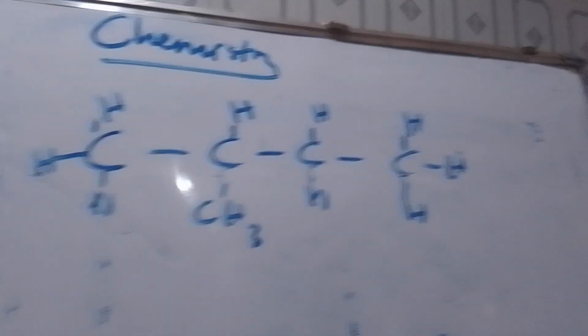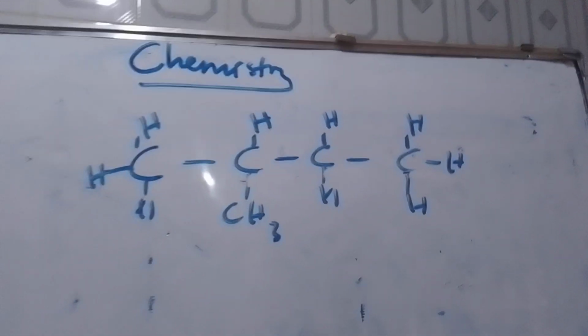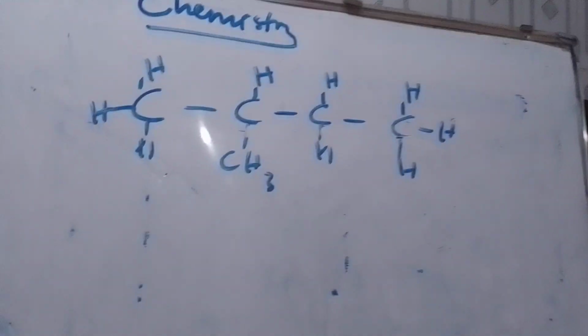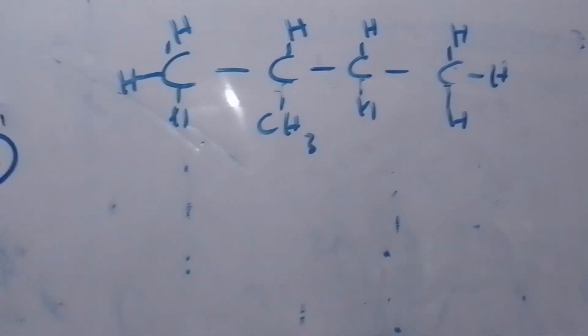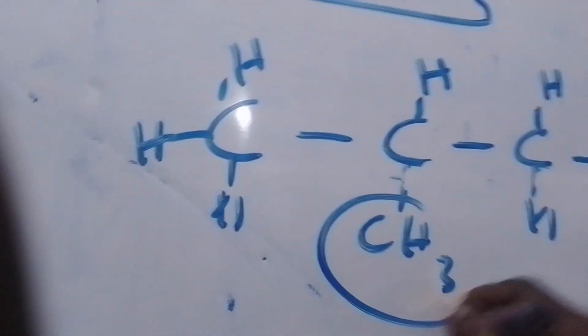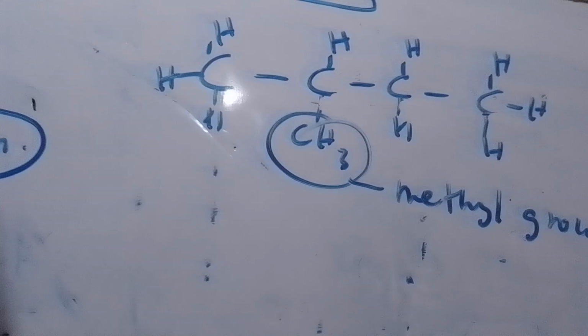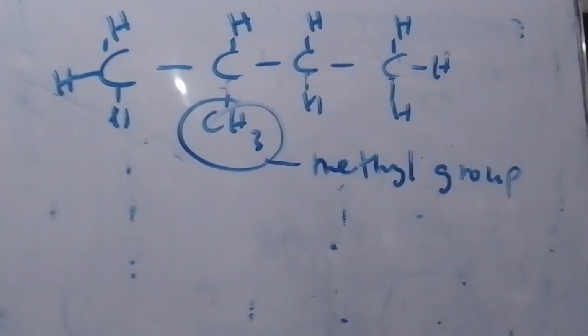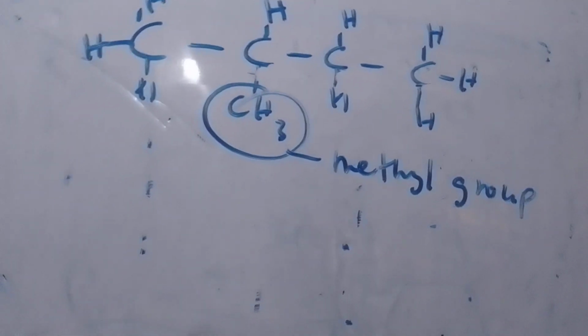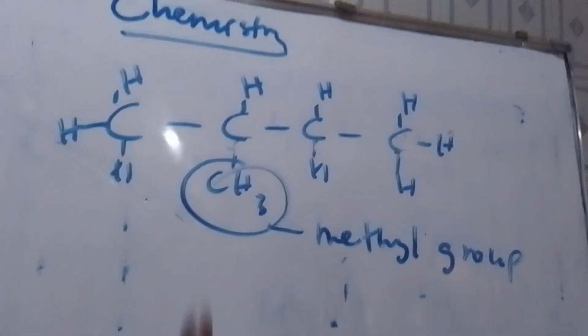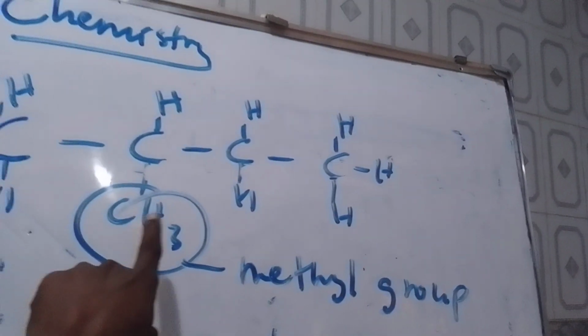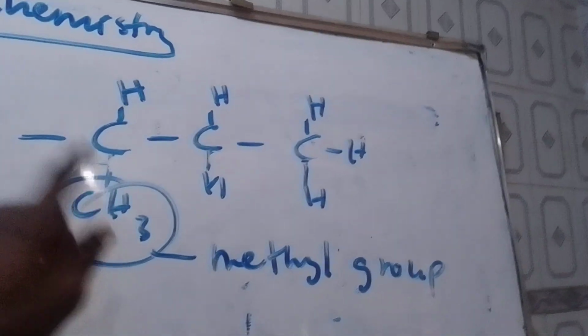Now, apart from the functional group, we can also have an attachment, or we call it a side chain, which can be a methyl group, like in this compound. So this is a methyl group attached to this compound. In this case, if you are naming this compound, you have to number it in such a way to give the carbon atom that is carrying this methyl the least possible value.